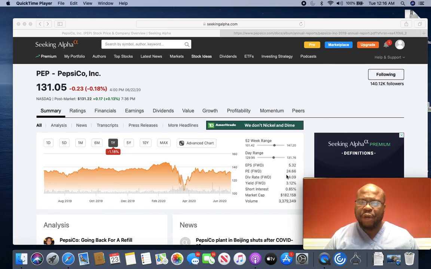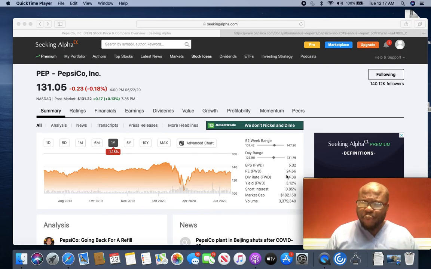And this gives you an idea of how expensive the company is. Have you ever thought about two companies, right? You'll have a company that's trading for $131, like Pepsi, and then another company trading for $15. Wildly different price points. $131 for Pepsi, and maybe $10, $11 for another stock.